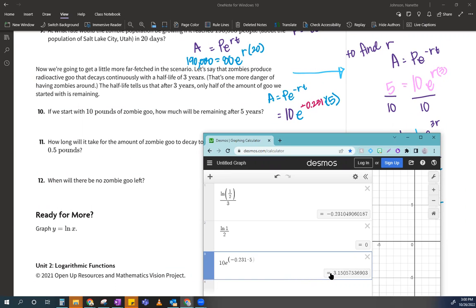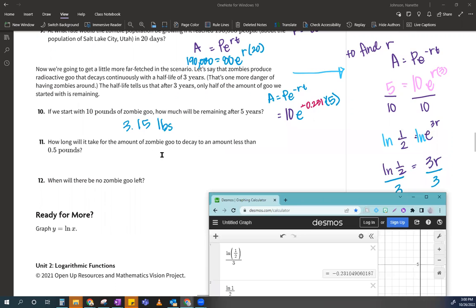So my answer is 3.15 what? If I started with 10 pounds, how much is left? About 3.15 pounds of goop. I'm not even going to put zombie goop. I refuse. I'll just leave it right there.